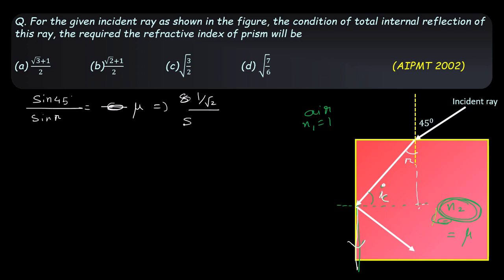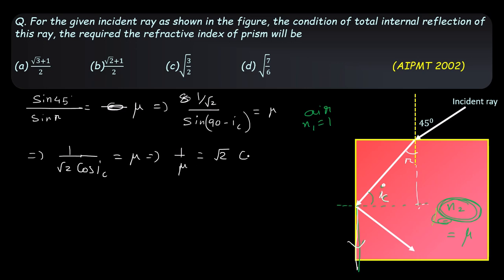Sine of R is nothing but sine of 90 minus IC, it is equal to mu. So 1 by root 2, this is cos of IC, it is equal to mu, or 1 by mu is equal to square root of 2 cos of IC. Mark it equation 1.